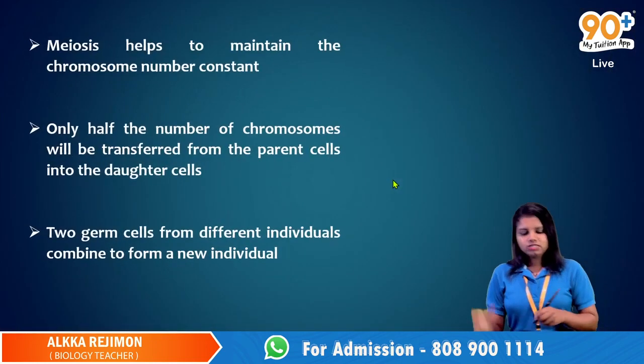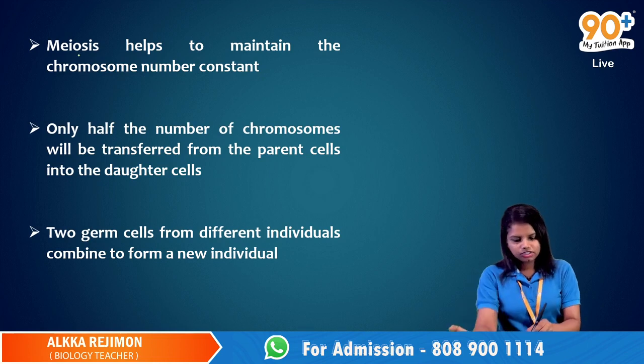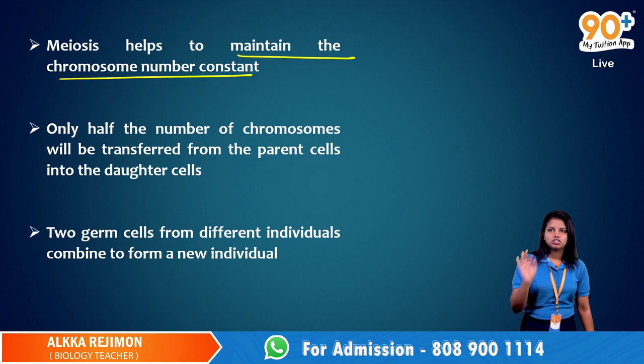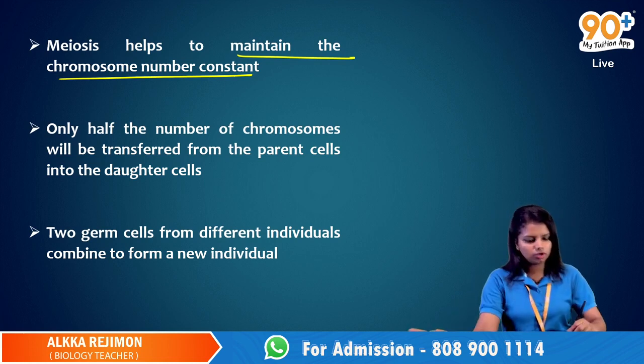So yes, this meiosis, the second type of division, helps to maintain the chromosome number constant. അങ്ങനെ കോൺസ്റ്റന്റ് ആയി ക്രോമസോം നമ്പർ മെയിൻറ്റെയിൻ ചെയ്യാൻ സ്പേമിലും എഗ്ഗിലും.